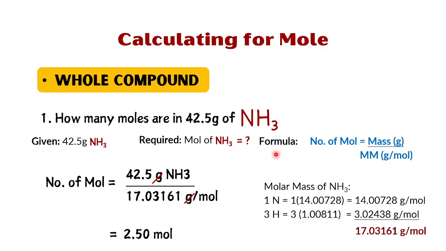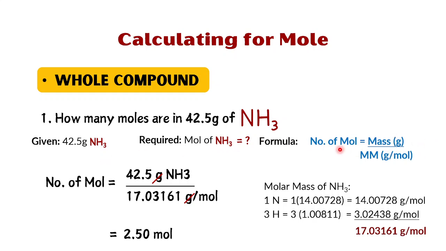So, the formula that we will use is number of moles equals mass divided by the molar mass. And don't forget the unit. So, we just exchange the value for each variable here.